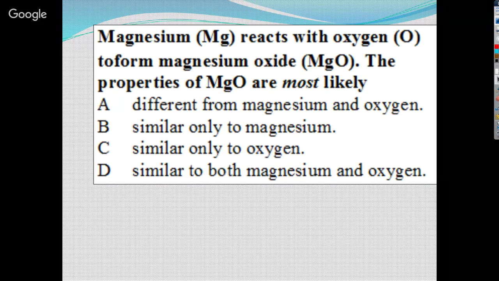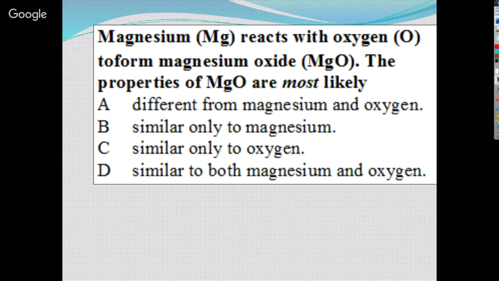Oxygen is just a gas in the air. But when you combine them, you basically make chalk, a white powder. So does the white powder mostly resemble the silvery, metally magnesium? Does the white powder resemble the clear gas oxygen, or does it resemble none of them?